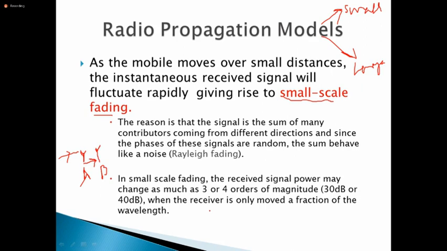Now we have a transmitter over here, right? The transmitter transmits signals in several directions, even though the receiver receives the same signal.